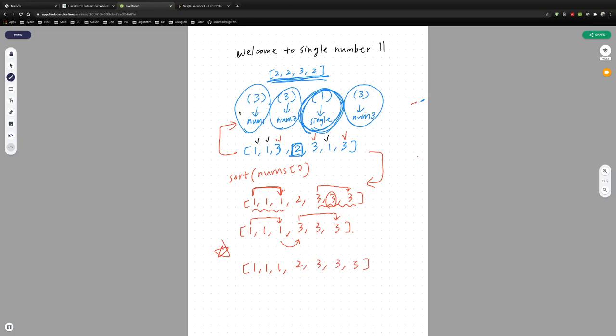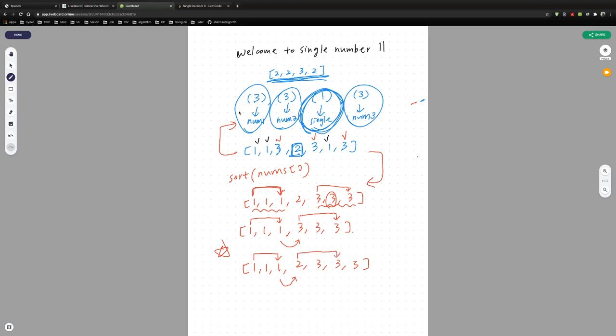First, we check whether the first number is equal to the third number or not. Yes, they are equal, so we can go to the next index. Then we judge whether the first number still equals the third number.